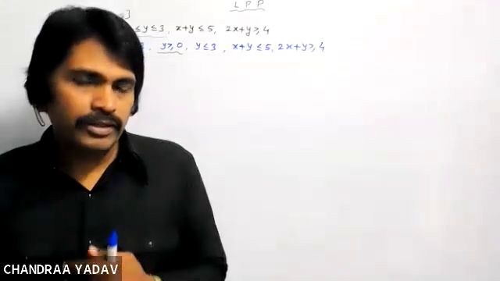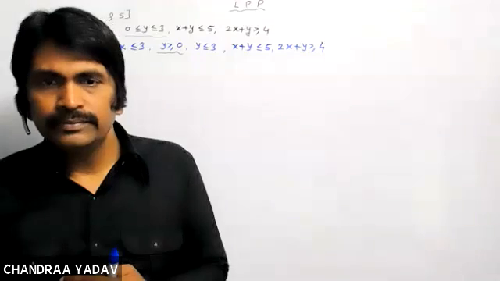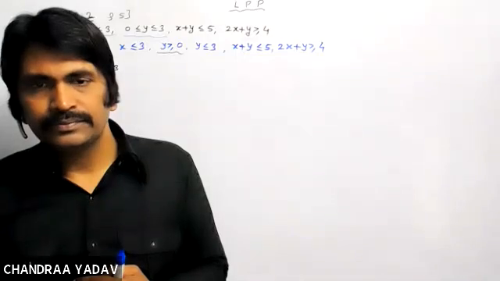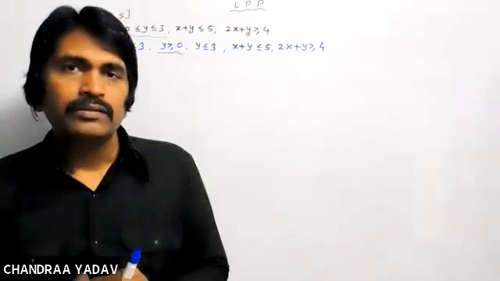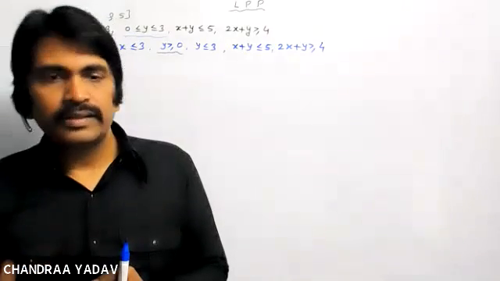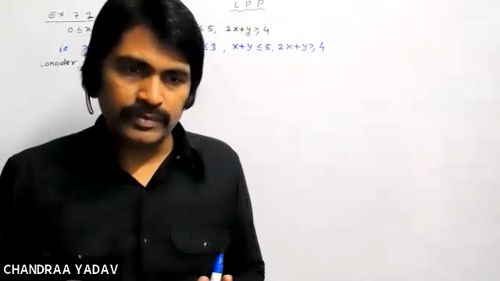So when we have an equation in one variable, it is either parallel to the x-axis or parallel to the y-axis. Listen carefully. When an equation contains only one variable, its graph is either parallel to the x-axis or parallel to the y-axis. Is it clear?